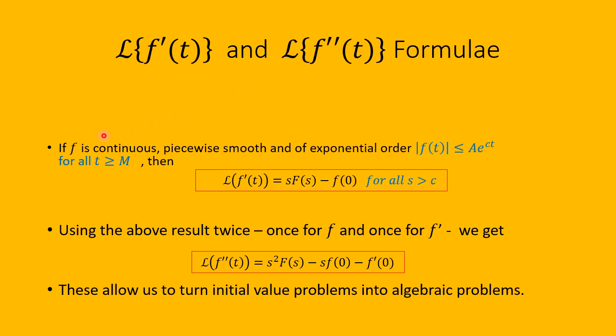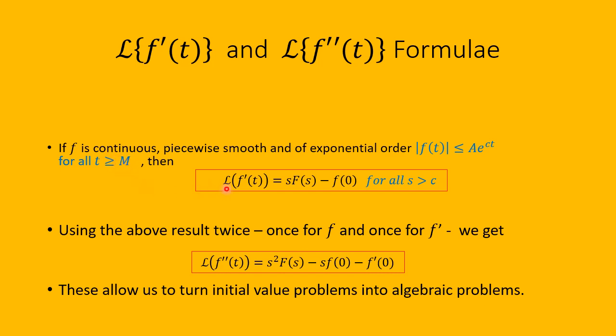So first property, if f is continuous, piecewise smooth, and of exponential order. Exponential order, remember, means that f of t in absolute value is less than or equal to a e to the ct for all t greater than or equal to some number m.